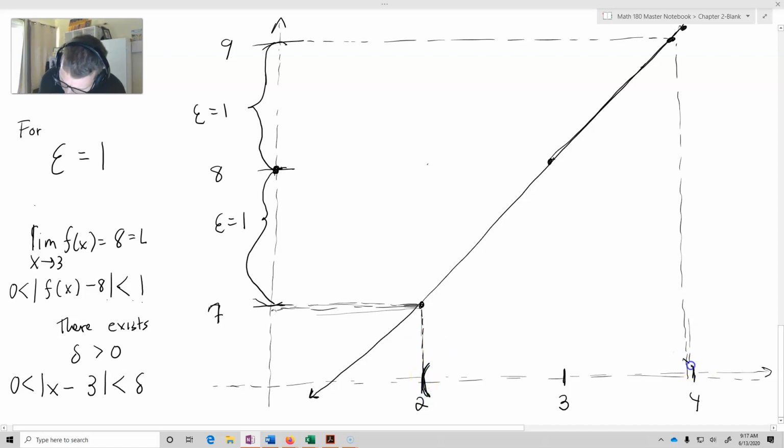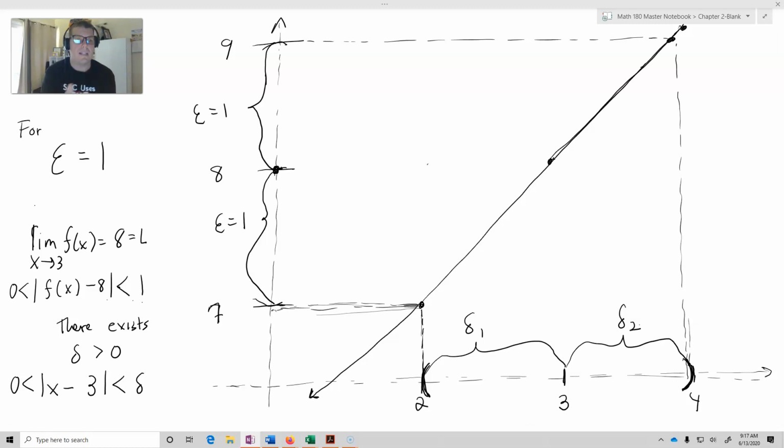So that's my delta right here. We'll call this one delta 1, and we'll call this one delta 2. In this case, because it's linear, delta 1 and delta 2 are exactly the same size.